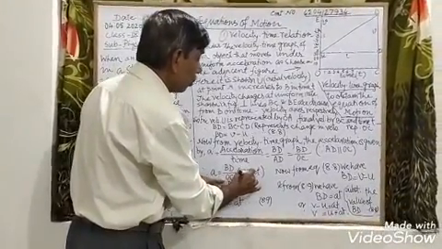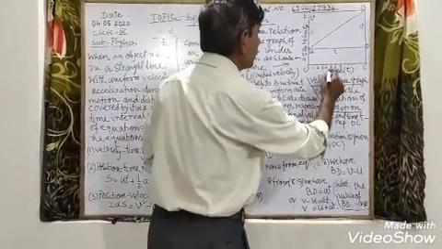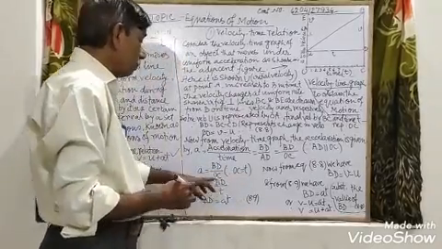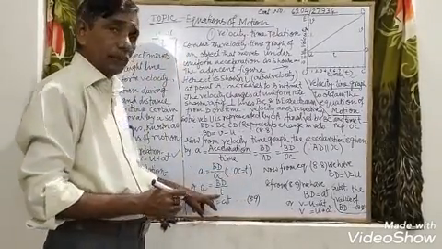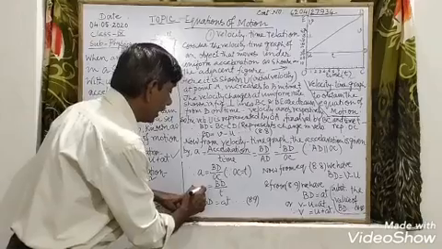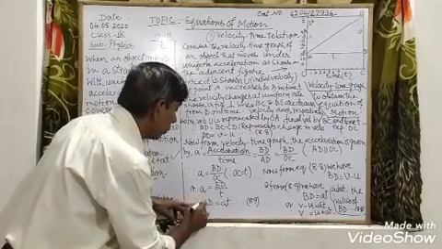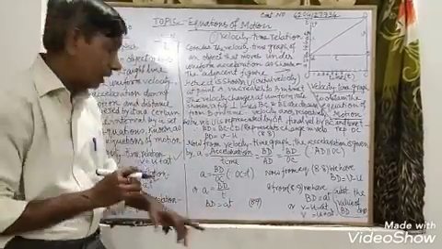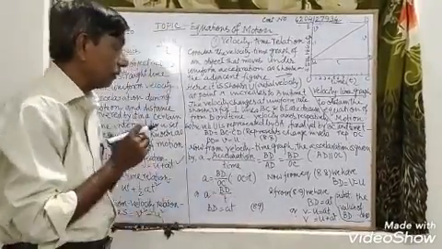And since OC represents time, in place of OC we shall write T. So A is equal to BD by T. Therefore, by cross multiplication, BD is equal to AT. This is another equation, 8.9.